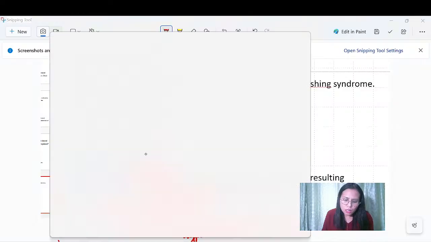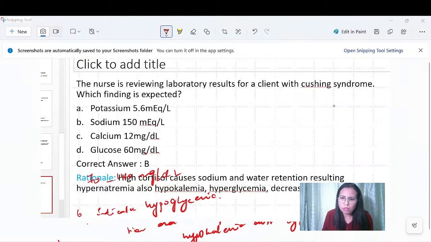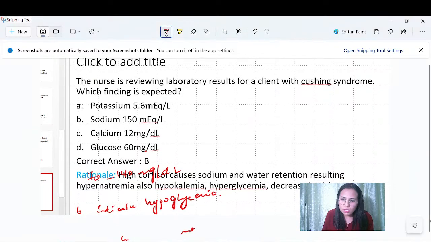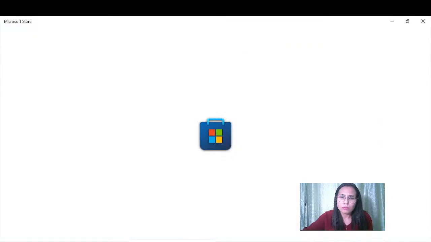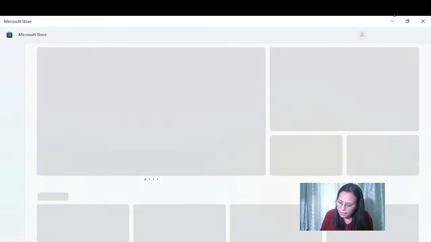In Cushing syndrome, cortisol increases gluconeogenesis, causing hyperglycemia, not low glucose.